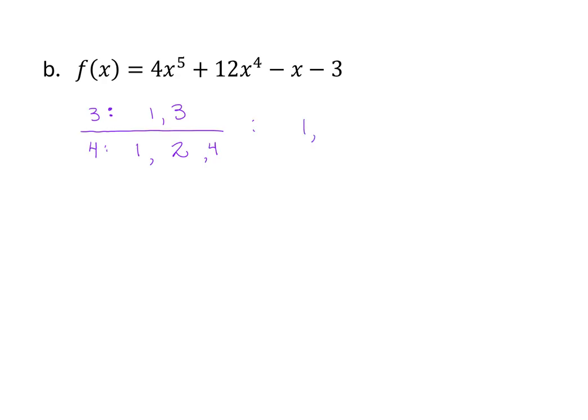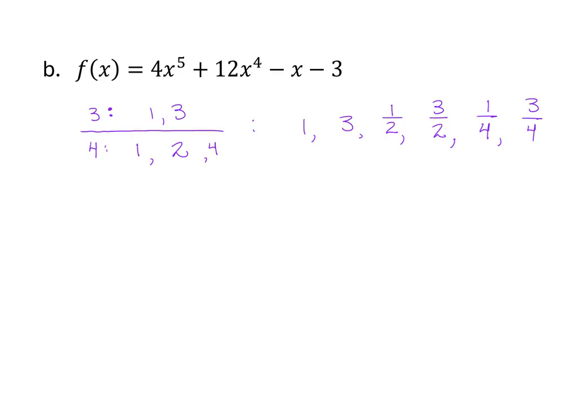I want to divide 3 by 1, and I get 3. There's my first pair. My second pair, we want to divide 1 by 2, and we want to divide 3 by 2. And my last one, we want to divide 1 by 4 and 3 by 4.